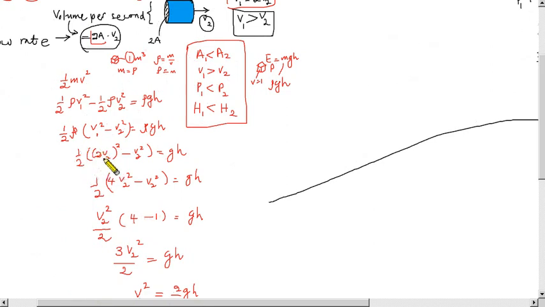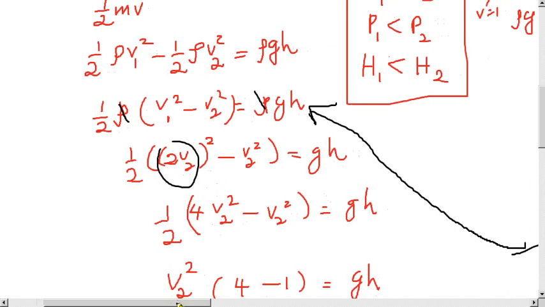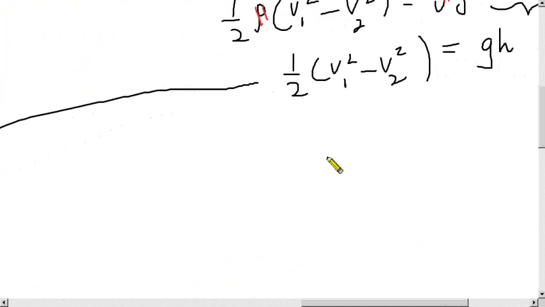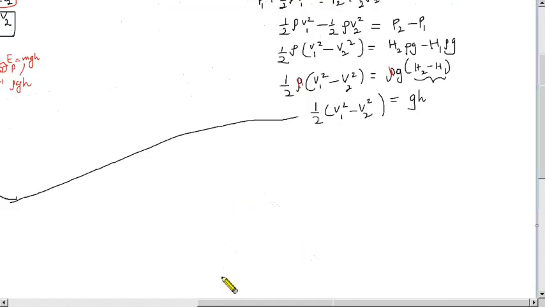Before substituting, you see rho cancels, half V1 squared minus V2 squared equals gh. After that you have to substitute V1 equals 2 times V2. So from this step you can follow the same path that we followed earlier.